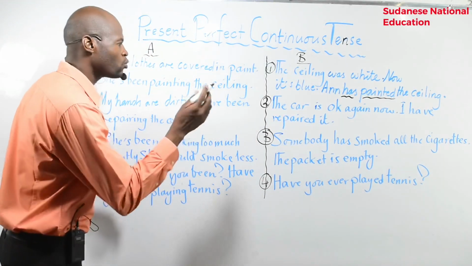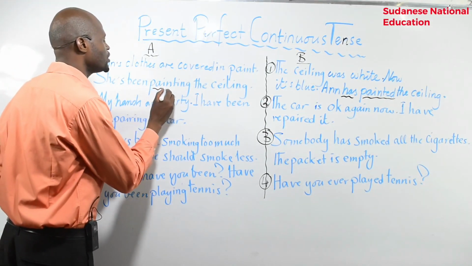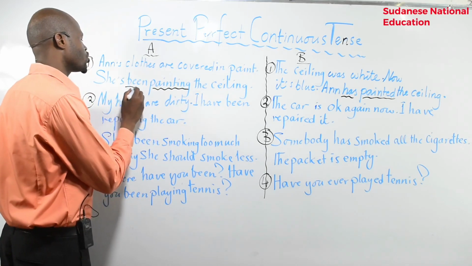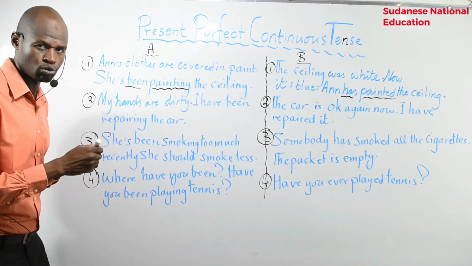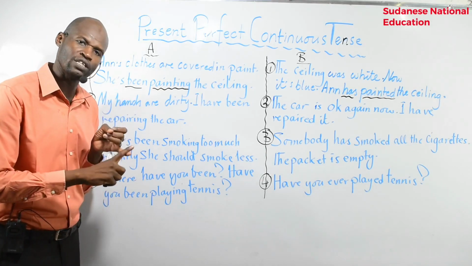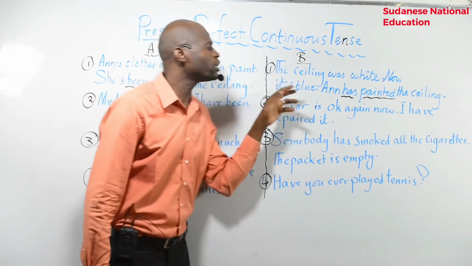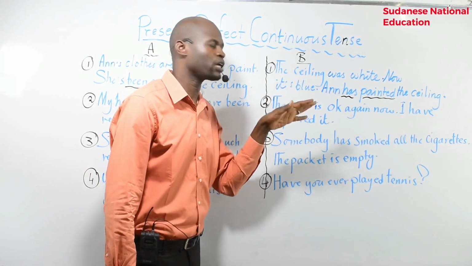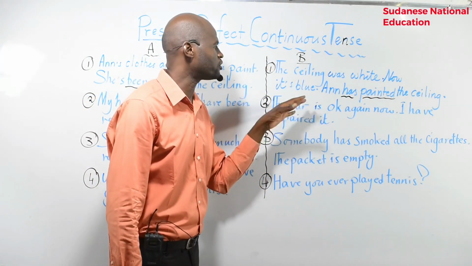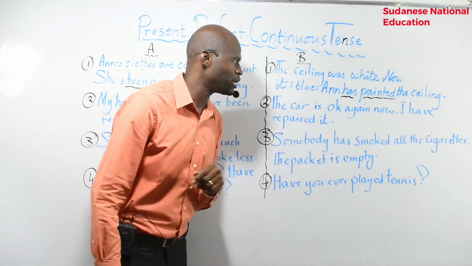But in the other sentence, we are interested in the action itself, the action of painting, so we use present perfect continuous. When we are interested in the result of the action, we use present perfect tense.